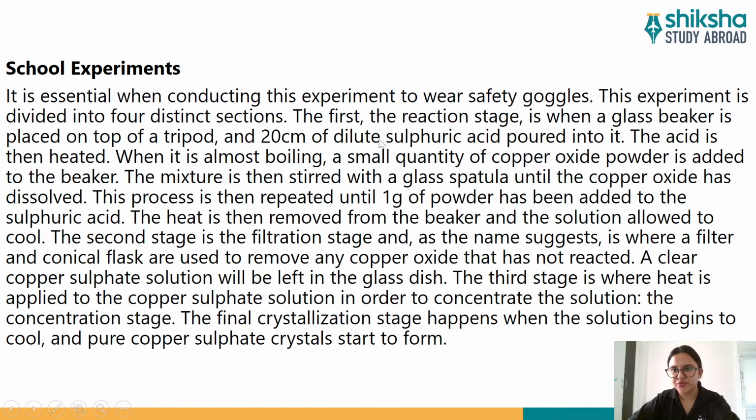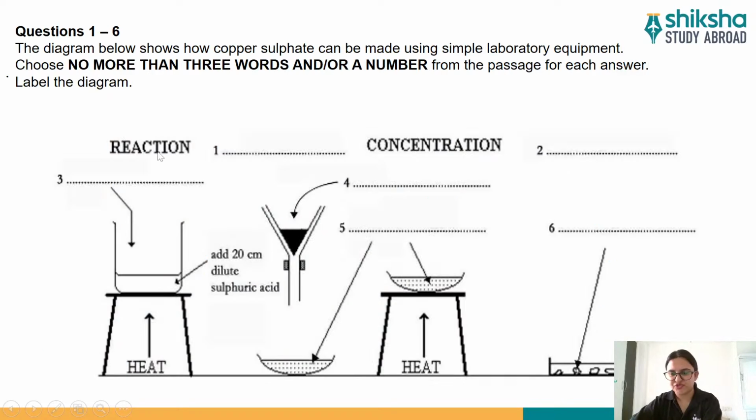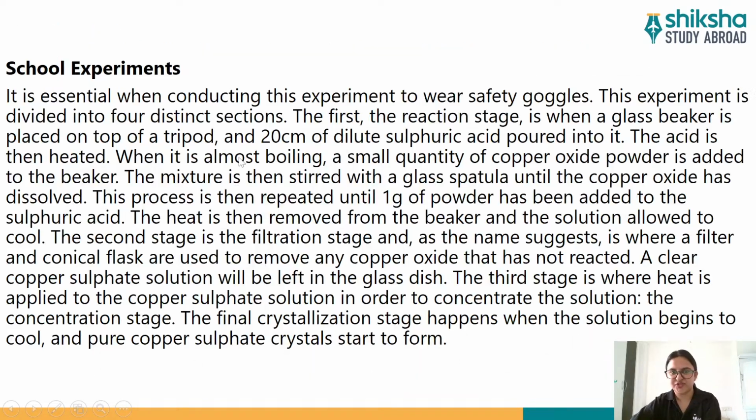So let's try to find this line here. You can see here the first, the reaction stage. This has already been mentioned, which means it is the first stage. Now the second stage is filtration. Let's find the line which we found in the explanation.